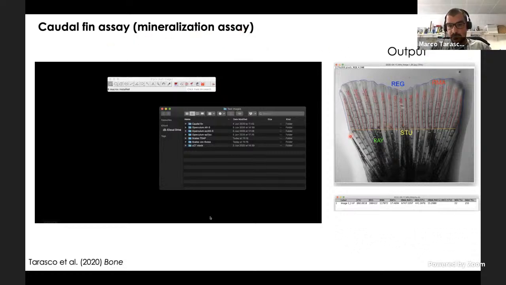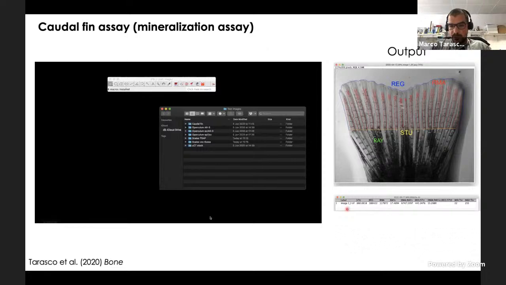As I said before, here we want to first measure the length of the amputation plane, which will be used to normalize the regenerated area. And then we take the width of the segments before amputation to then normalize it with the mineralized area. And this is what we get at the end as output for each individual, so we are able to really check if all the measurements were taken.